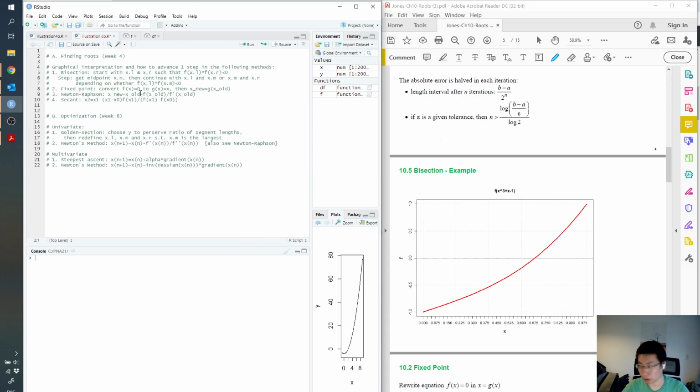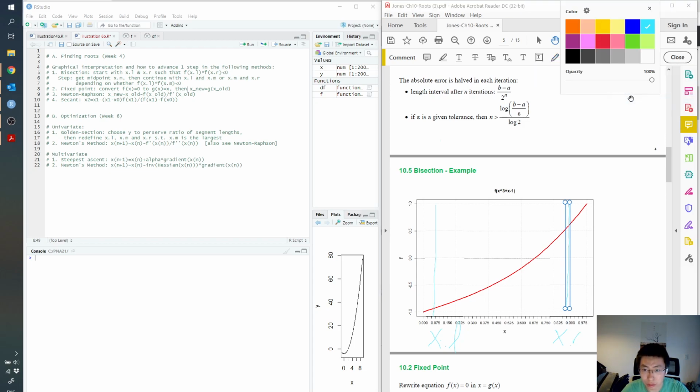So let's start with the different root finding methods, starting with bisection. So here I'm always going to start with an interval. Let's say that I start with an interval between xl and xr. Maybe I can use a different color to make this a bit more obvious.